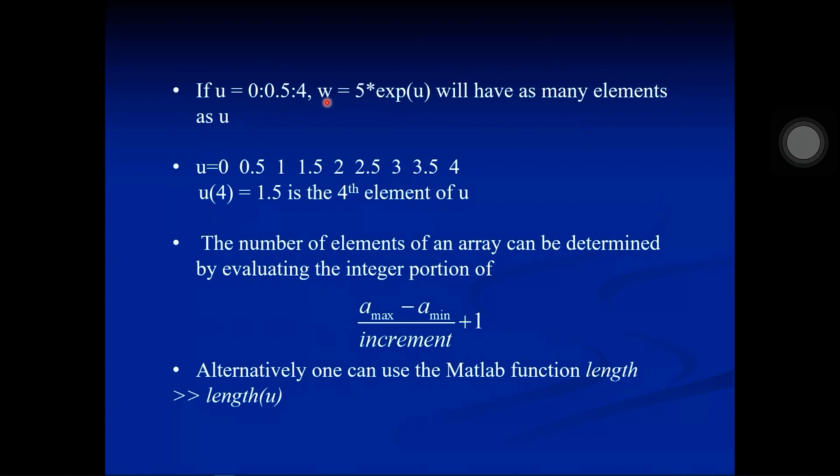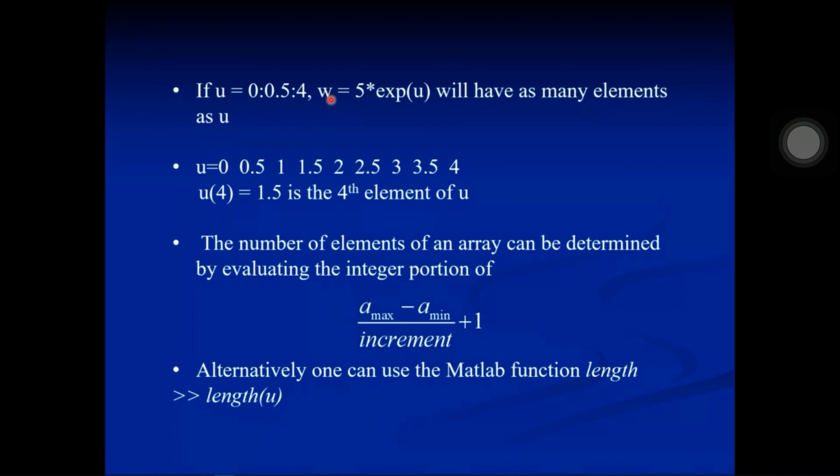Therefore, W also is an array, meaning that MATLAB will evaluate W for every value of U. For U equals 0, it will find W. For U equals 0.5, it will find W. So W itself is going to be an array of numbers with as many numbers as U. For every value of U, W will be evaluated. So you don't have to say W is an array, because W depends on an array, so itself it will be an array.